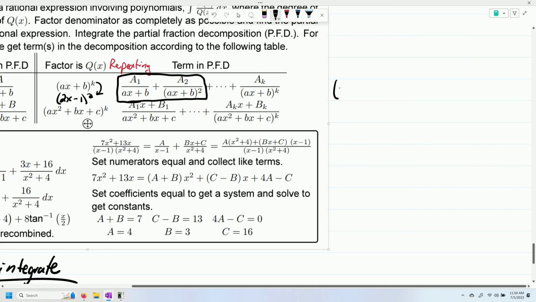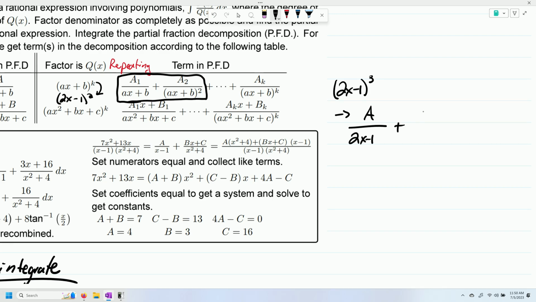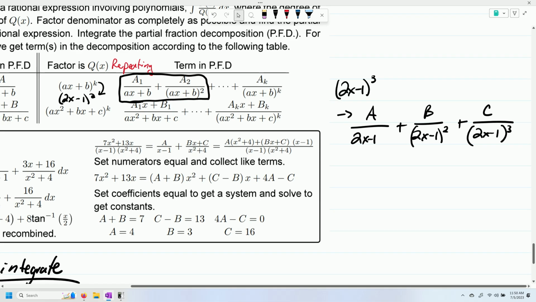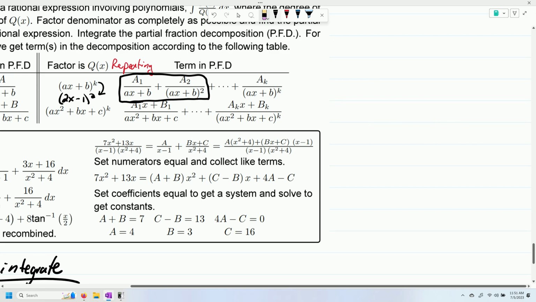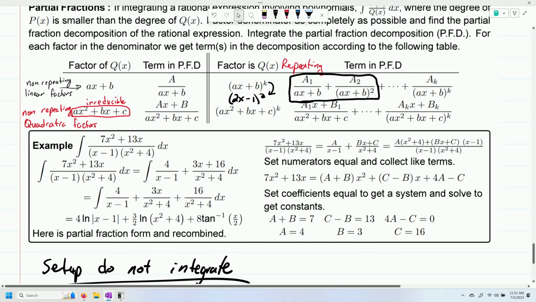So if we had like 2x minus 1 to the third, well, then I would have written it as A over 2x minus 1 plus B over 2x minus 1 squared plus C over 2x minus 1 cubed. Yes, you have to do that, okay? The x minus 1 was just one factor, wasn't repeating, so I just wrote it under C. All right, so go back to our problem.